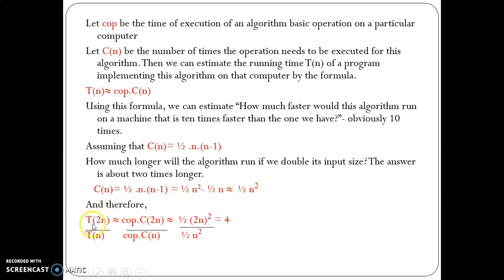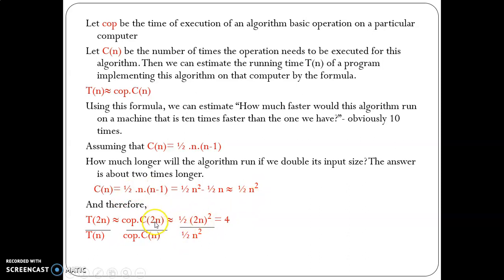Now what we will do is compare T(2n), that is when the input size is doubled, with T(n), when the input size is n. So this will be equivalent to C_op, which is the cost of an operation, into C(2n) upon cost of operation into C(n), which is approximately, since C(n) is half of n square, half of n square in the denominator.